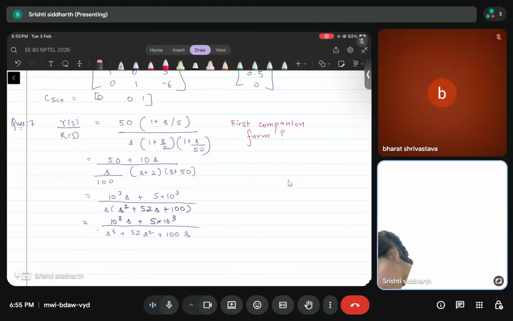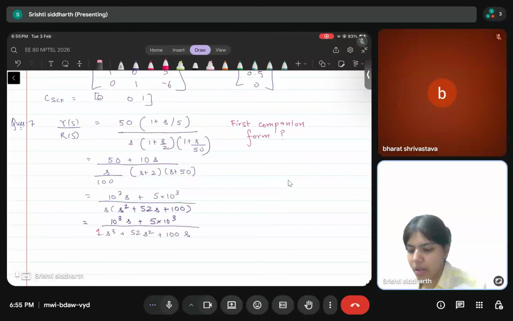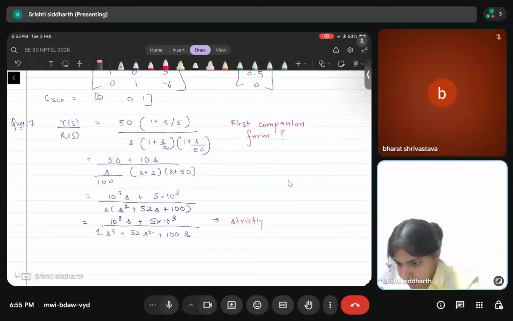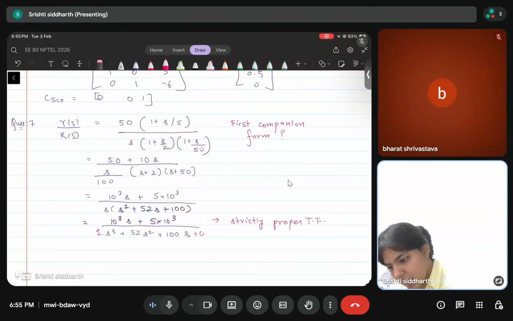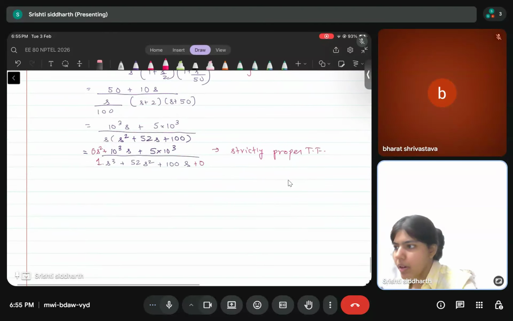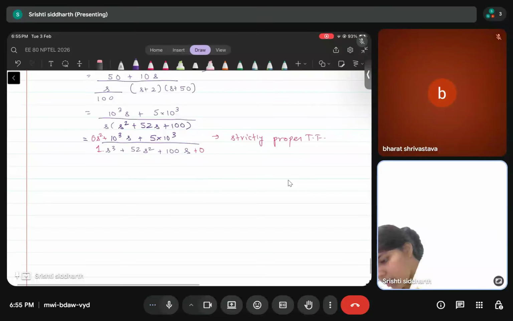Okay, so this is 1, so it's in the standard form. It's also a strictly proper transfer function. Alright, so let's write down the A matrix in the first companion form.